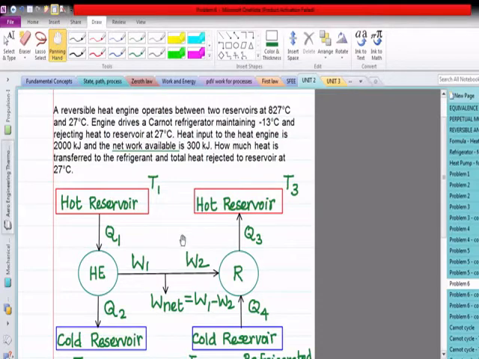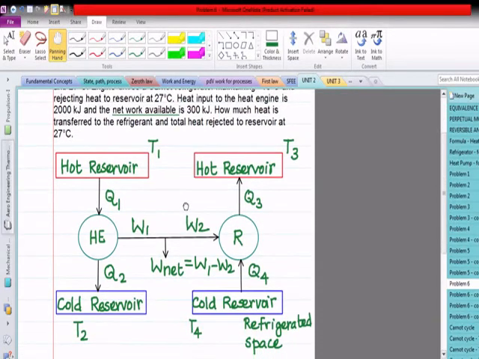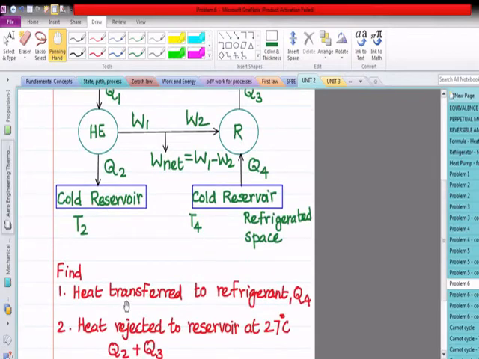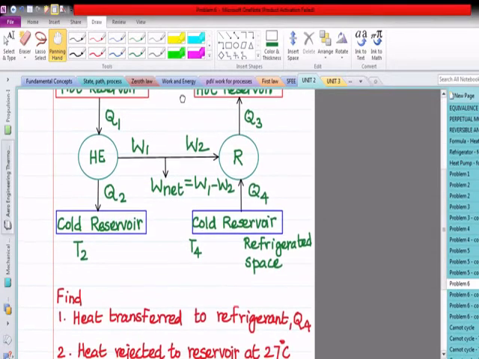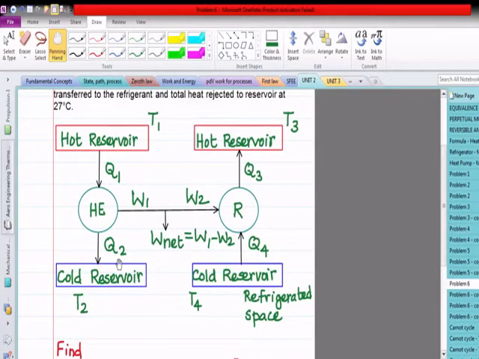In this problem, we first need to find the heat transfer to the refrigerant, that is Q4. Secondly, we have to find the total heat rejected to the reservoir at 27 degrees Celsius. Here, two reservoirs are at 27 degrees Celsius: one is the cold reservoir of the heat engine and the other is the hot reservoir of the refrigerator.